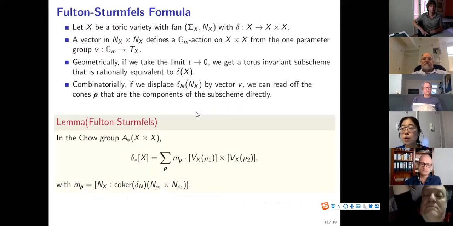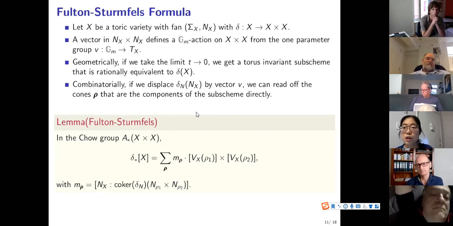So the last ingredient that we will need to use, in the spirit of the final splitting formula that I'm going to present, is a classical fact of Fulton and Sturmfels about the intersection theory of toric varieties.